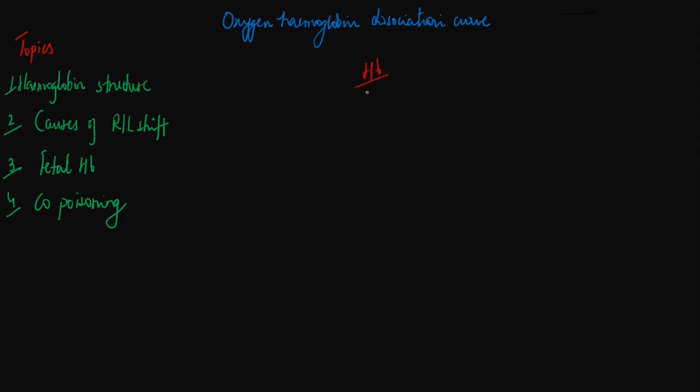So hemoglobin comprises 4 globin chains. You have 2 alpha and 2 beta chains. And each chain is bound to a heme group, which is essentially one iron ion bound by a porphyrin ring, and this binds to one molecule of oxygen.